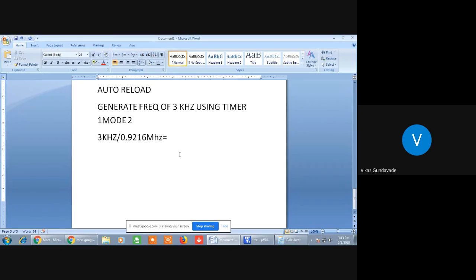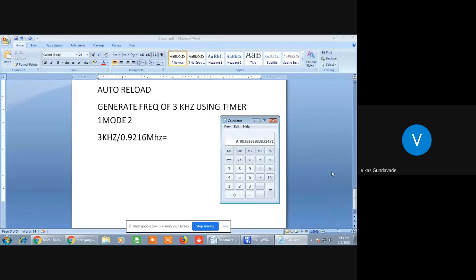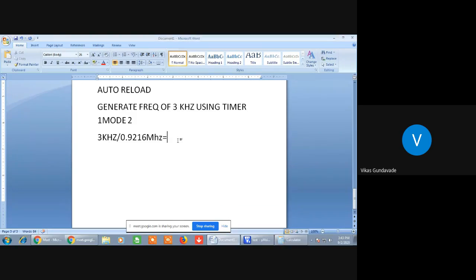So it will be 3 divided by 0.9216, which is 3.255, multiplied by 10 to the power minus 6 into 10 to the power 9. That will be the frequency.